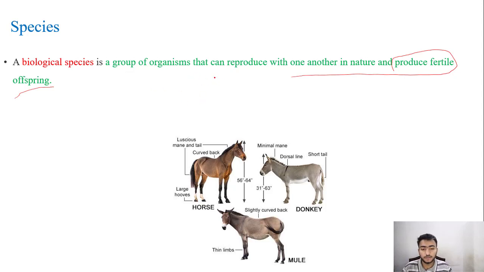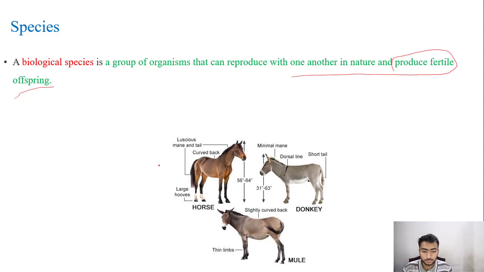A species is an isolated family of living organisms that, when they mate or reproduce, are able to produce fertile offspring. So for example, a horse can mate with a donkey, but it produces a mule, which in most cases is infertile because of an abnormal number of chromosomes.